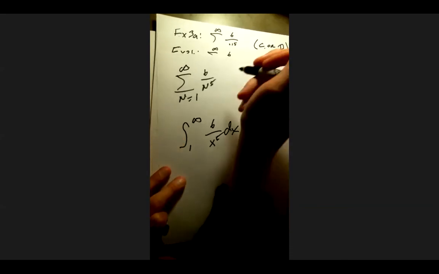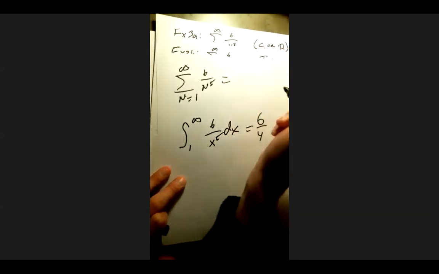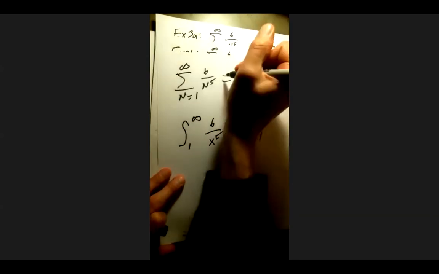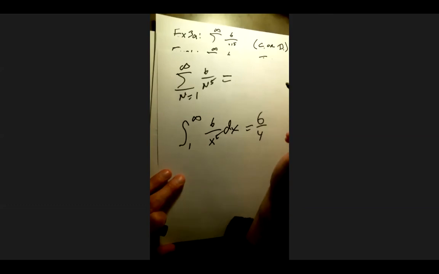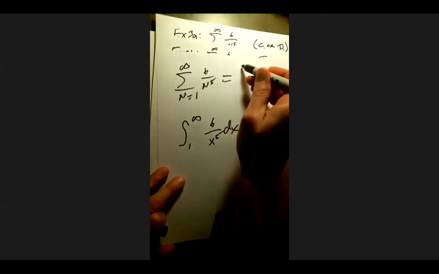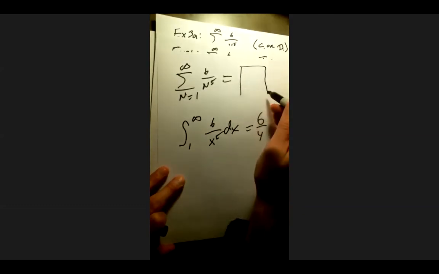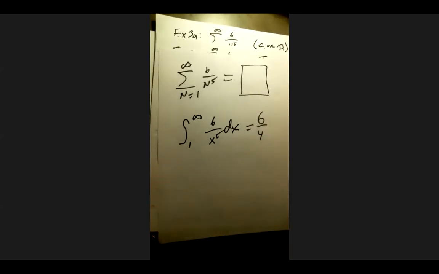So the question is, what does this thing up here equal? Six pi over 4. 6 pi.